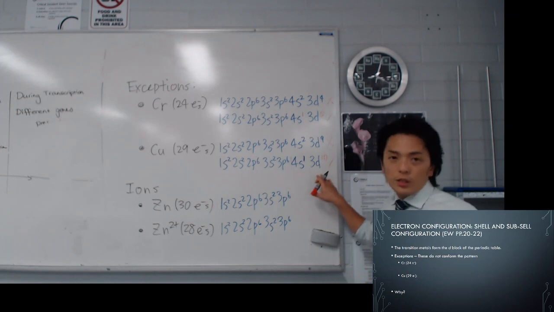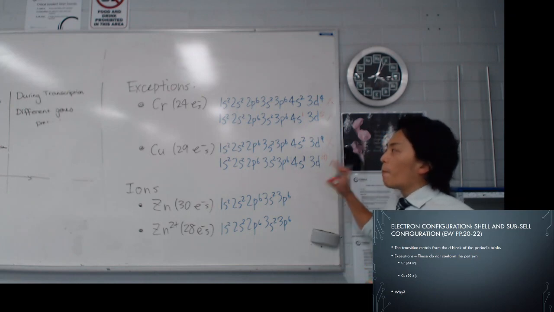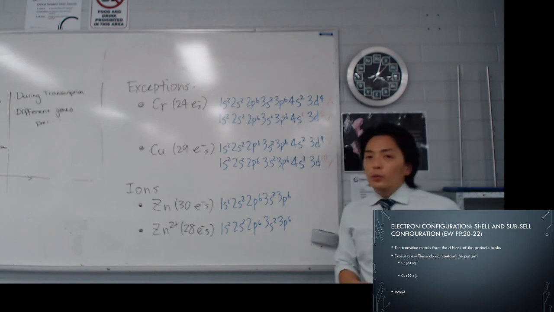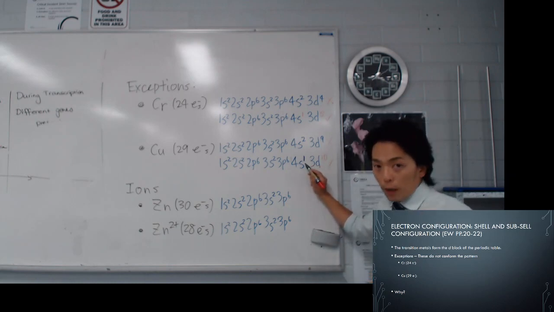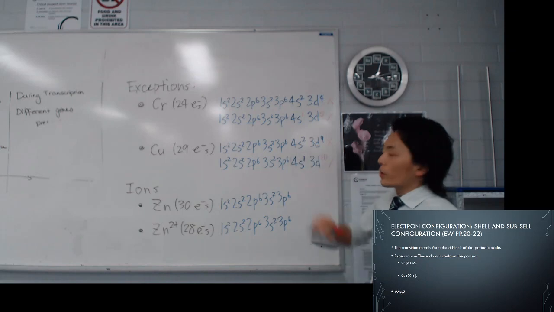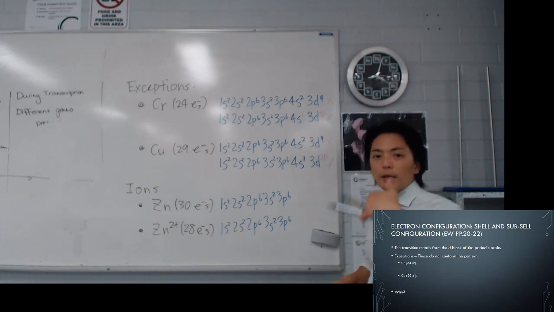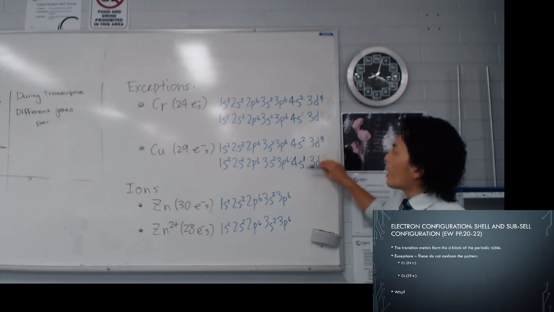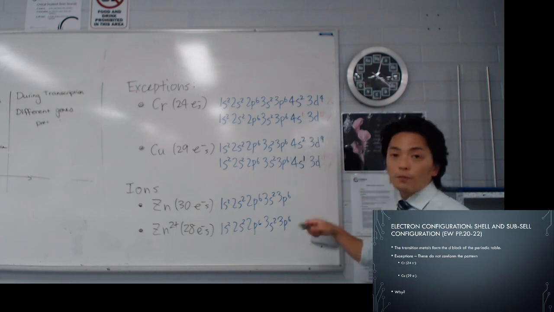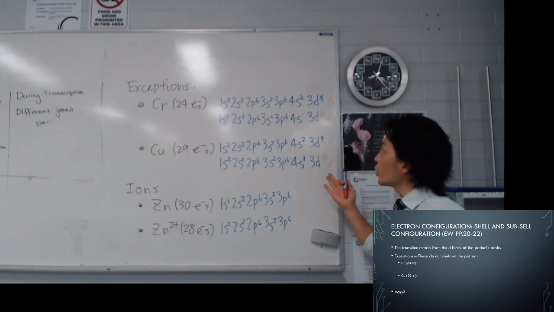That's why it does that. This also allows copper to lose 1 electron to be Cu+, or lose 2 electrons and make it Cu2+, which is more common. Both are available, and you can see that from this electron configuration.